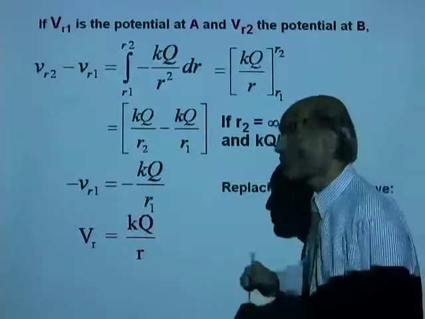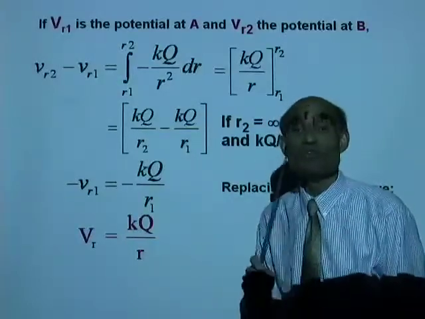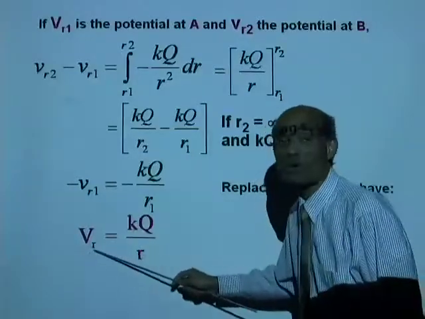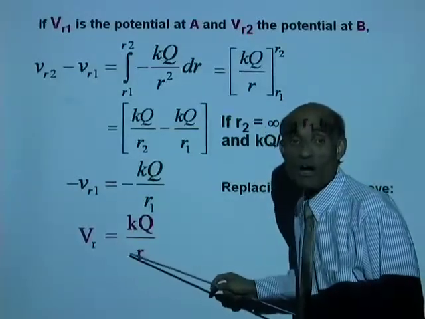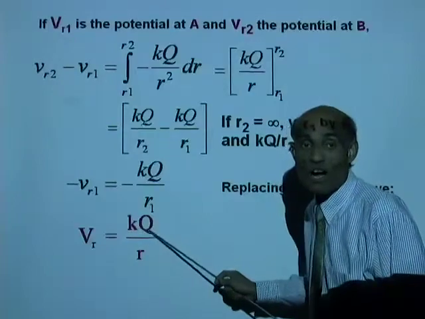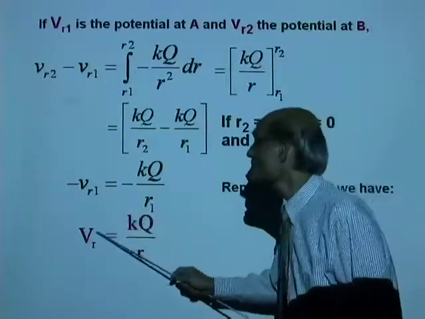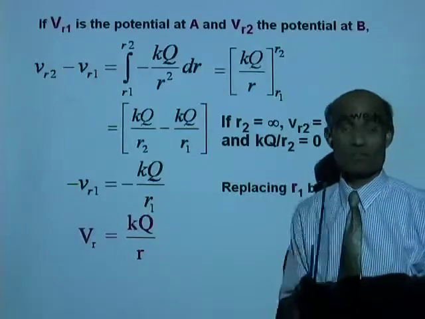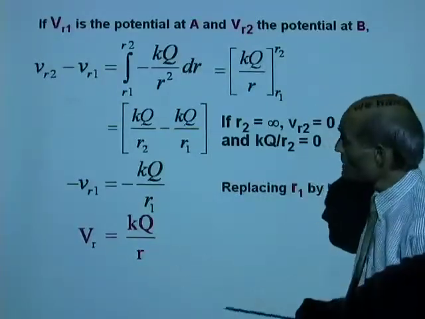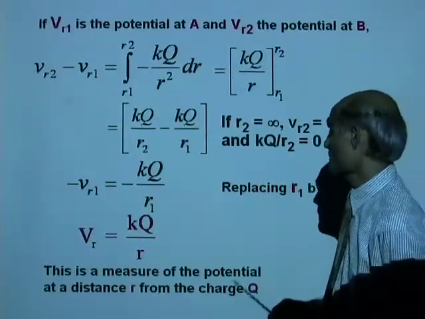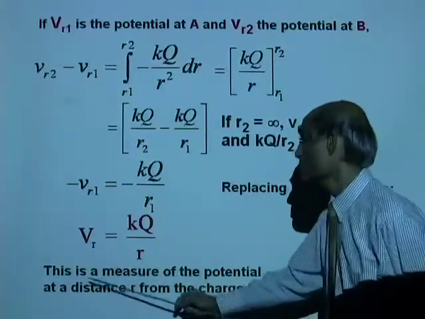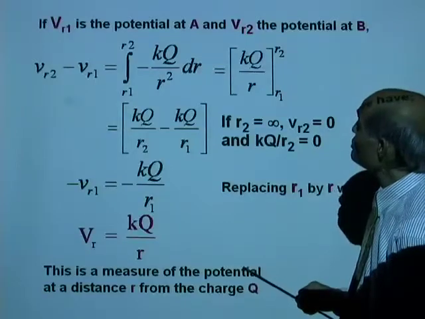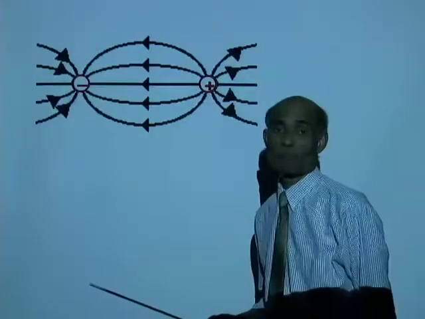Now look at that beautiful, very interesting, very important equation. The electric potential at a distance r from a charge Q is V equal to kq over r. So make a note of that and keep it with you. This is a measure of the potential at a distance r from a charge Q.